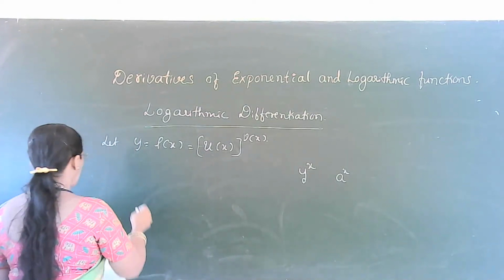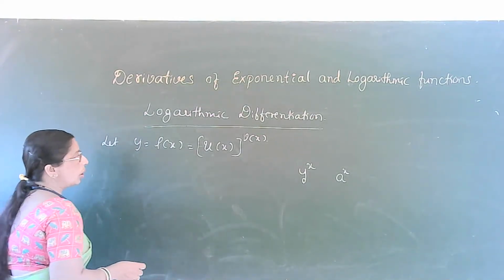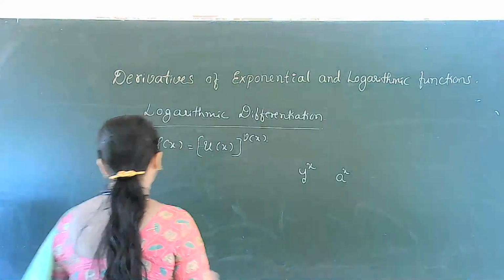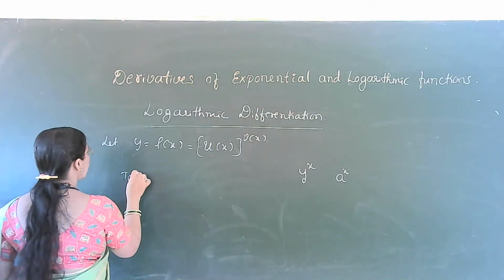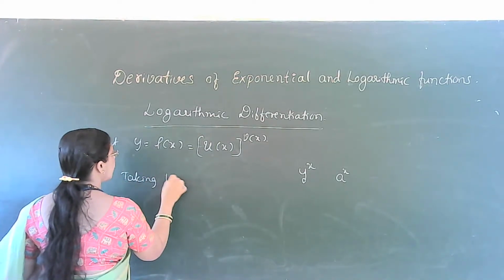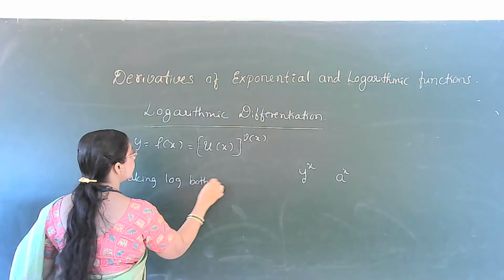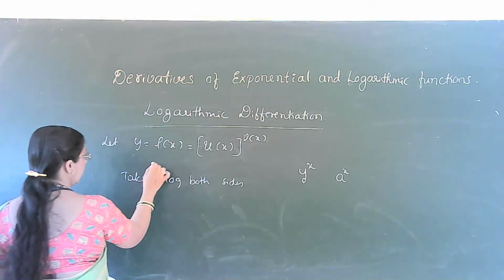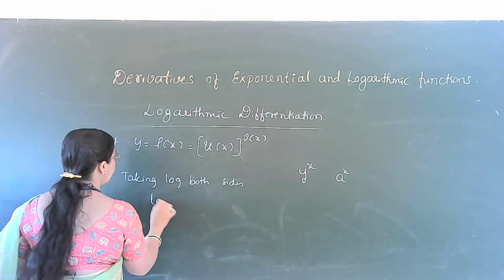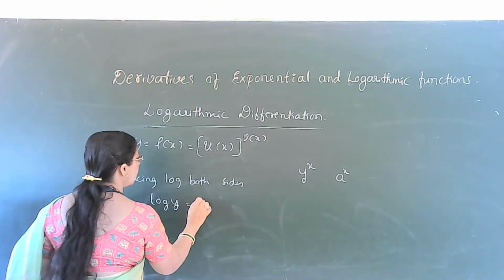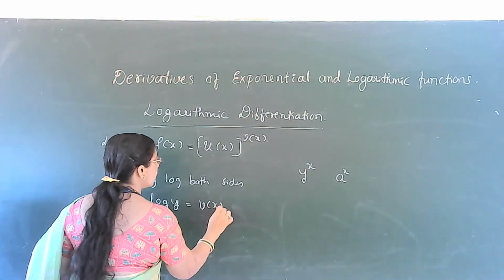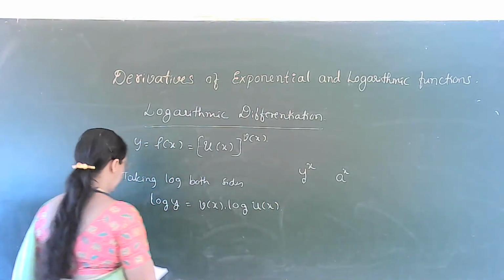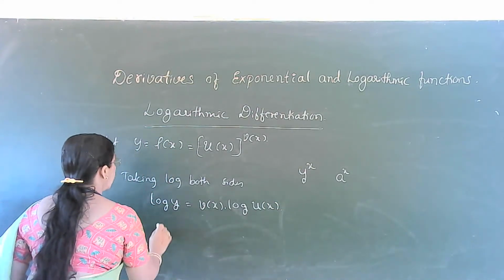In this type of problem, we find the derivative by taking logarithm on both sides. Taking log on both sides, log y is equal to v of x into log of u of x.